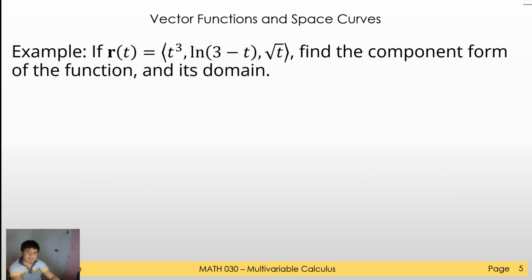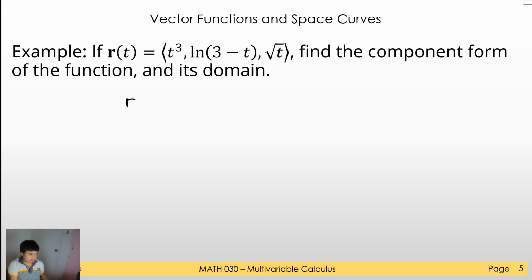Okay. So, for example, we have this vector valued function, r of t. We want to find the component form of this function and its domain. So, how do we find the component form? Basically, the component form is just a way to write the vector.